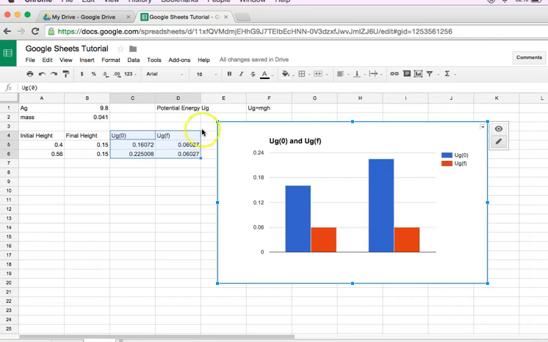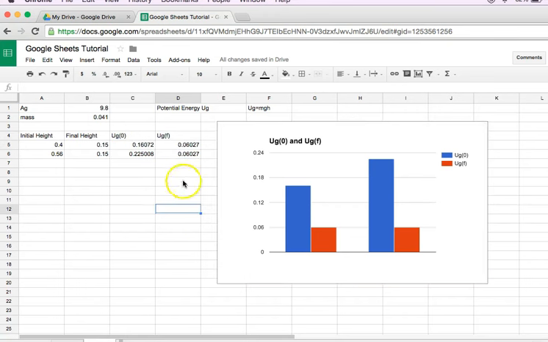Once again, don't forget to highlight UGF and UGO so that you do get this nice little key on the side, which will tell you what is your data and what it looks like, okay? So after all of that, you guys, it looks pretty good. It makes sense that my finals are the same because I didn't change my final height, okay? So that might not be the case for you, but this is how you do potential energy.